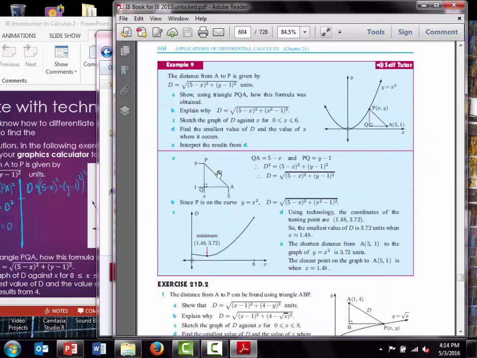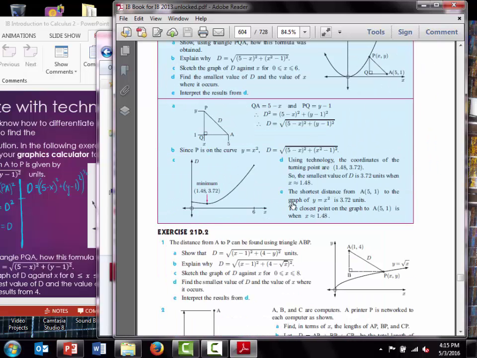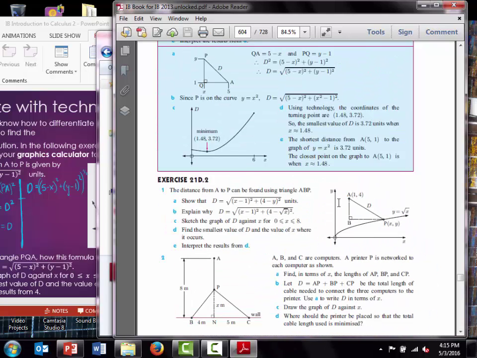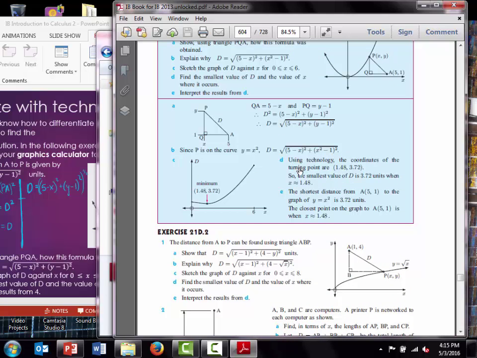The shortest distance from A, 5 comma 1, is the graph of... I have no idea what it's looking for us to do. So should we just not do it then?